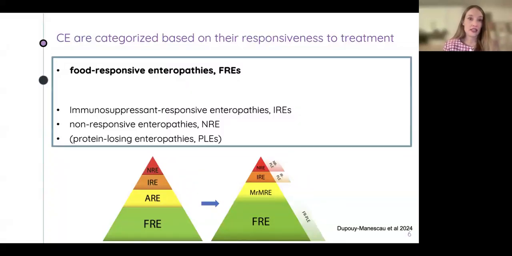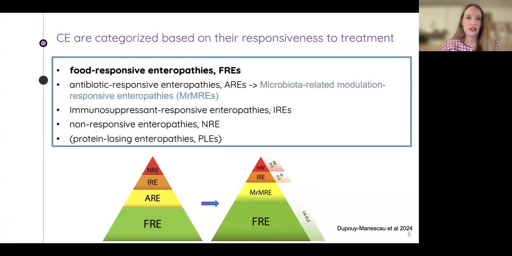And then the second one, which we previously called antibiotic responsive enteropathies. Those are nowadays quite heavily criticized, not just nowadays but for a few years back, since we know about dysbiosis and the effect that it has on the gut. So maybe a better term to use now is microbiota-related modulation responsive enteropathy.